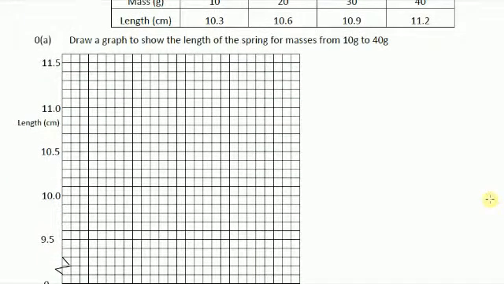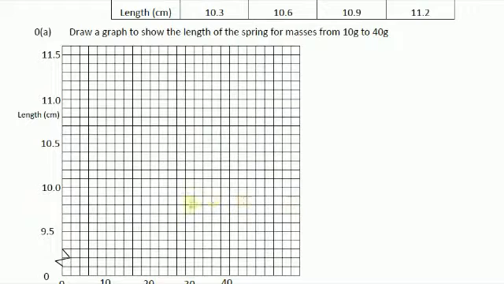So we're given the graph. So let's try and draw it. 10 and 10.3. So 10.123 is about there, I think. So that's 10 grams. 20 grams gives a length of 10.6.